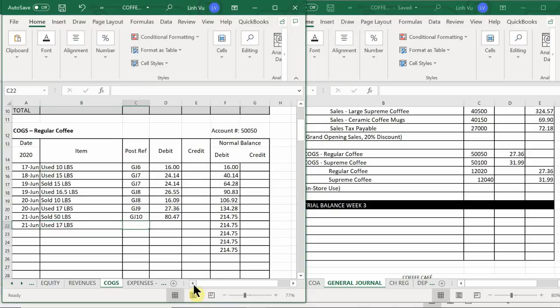We are still on General Journal number 10, and it was for the amount of $27.36, which should give us a running balance of $242.11. A lot of 11s going around here.